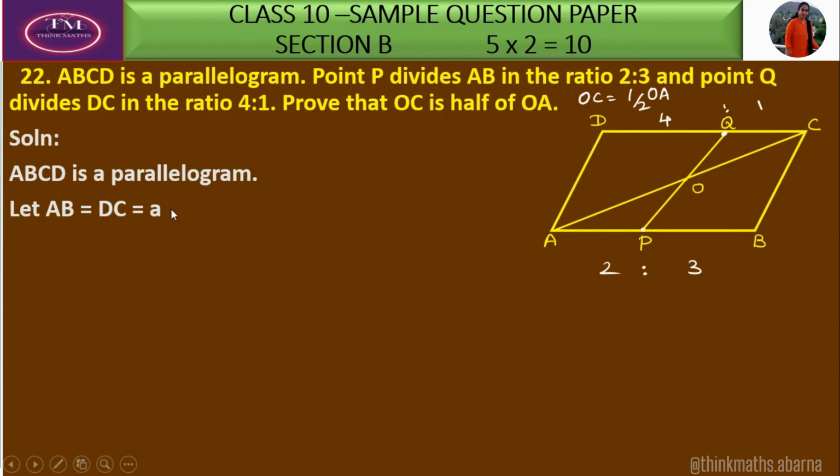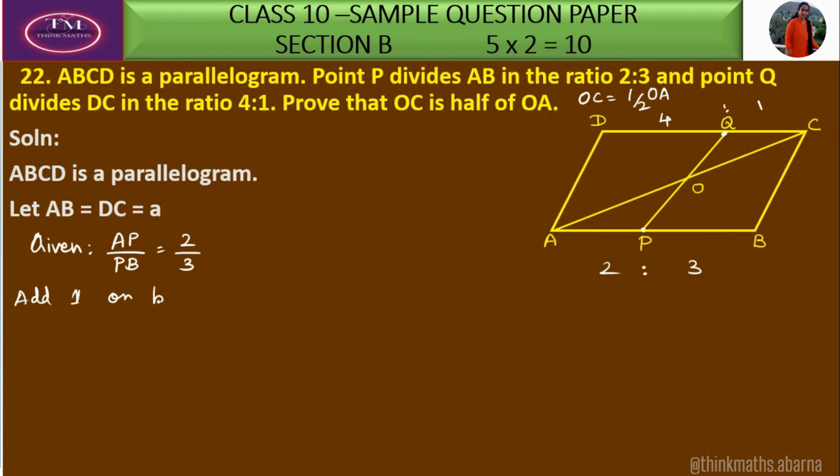Okay, so what is given here? Point P divides AB in the ratio 2 is to 3. That means AP by PB is equal to 2 by 3. So I am going to add 1 on both sides.